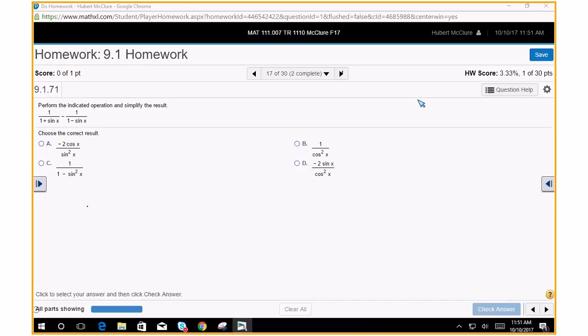What should you recognize? 1 plus sine of x, 1 minus sine. Exactly. Shortcut number 3, Hubert. That's right, class. Y'all are all winners. Number 3. So apply shortcut number 3 to this expression.